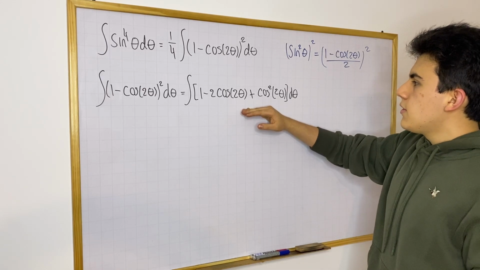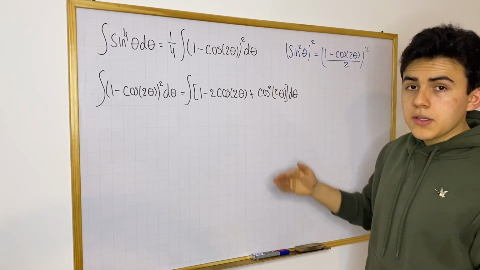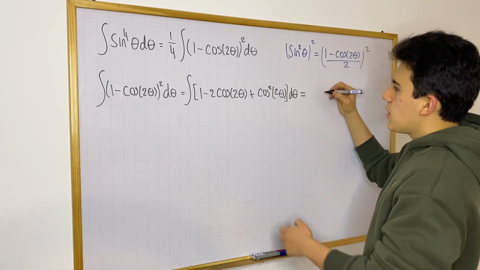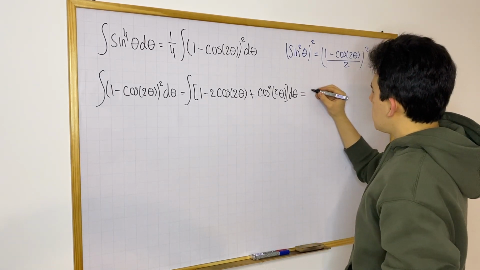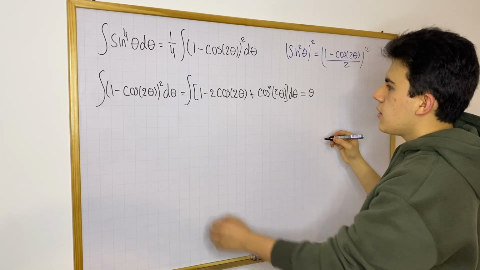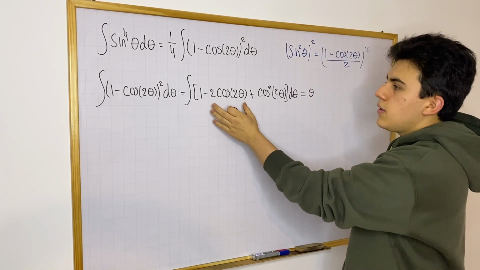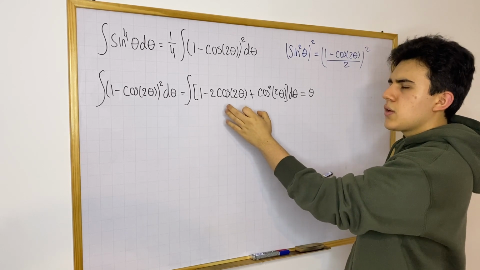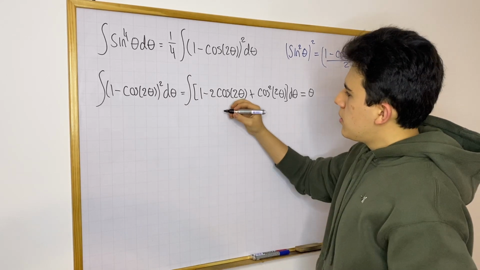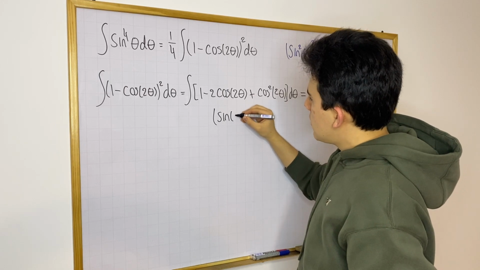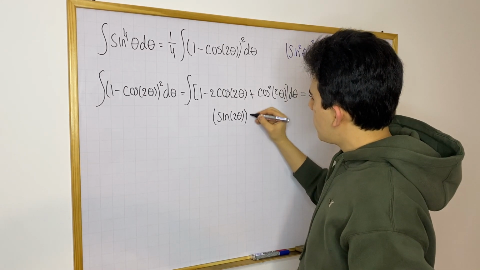So now we have this, and we're just going to integrate each term. We know this will be equal to, so let's see what we get. We're going to have the integral of 1, that's going to be theta. And then we're going to have the integral of this. Now, how do you integrate this? Well, really, if you want to integrate these, you just want to integrate cosine, okay? So I'm going to do it like this. What happens if you differentiate sine of 2 theta?